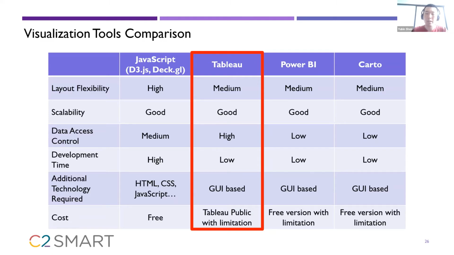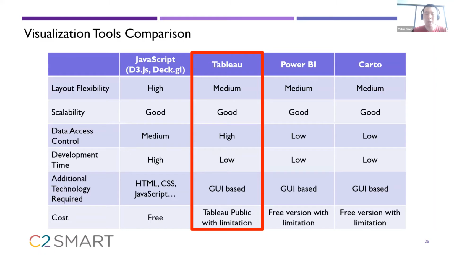And for Carto, this is only a location visualization tool. If your visualization is only about the map or geography, they are pretty good. But for our dashboard, we have a bar chart, a pie chart, and some tables, and a lot of other visualization methods. So in that way, Carto is not the ideal choice.